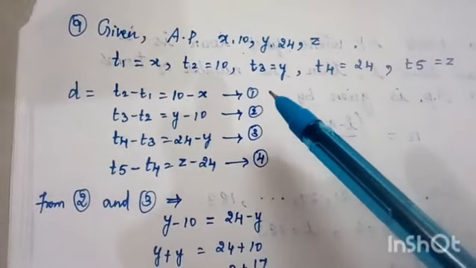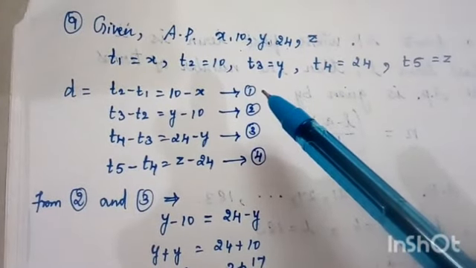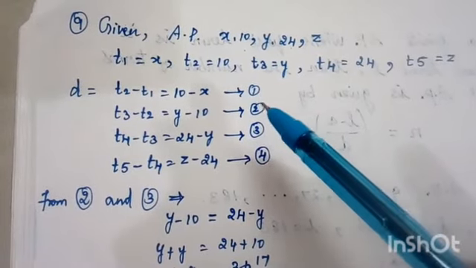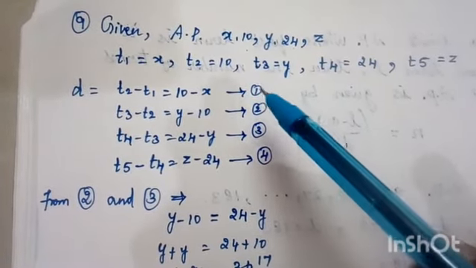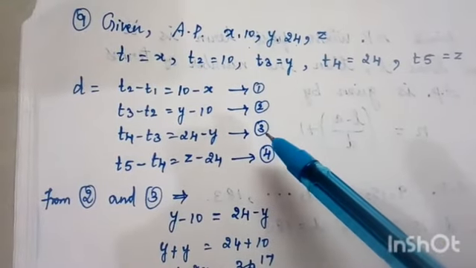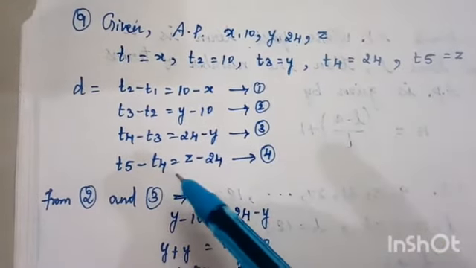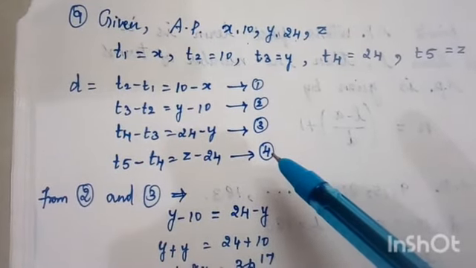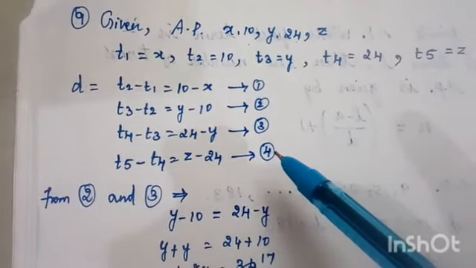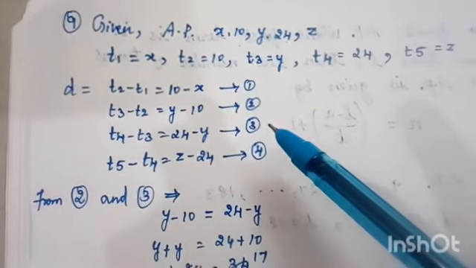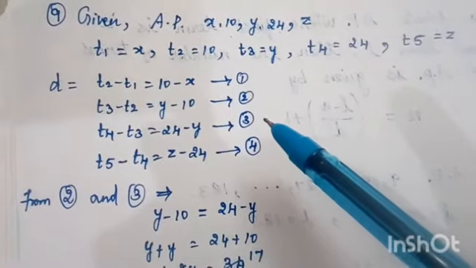You consider them as equations one by one. T2 minus T1 is equation number 1, T3 minus T2 is equation number 2, T4 minus T3 is equation number 3, T5 minus T4 is equation number 4. We want to find the x, y and z values. You can find them in any order, first y, x or z.